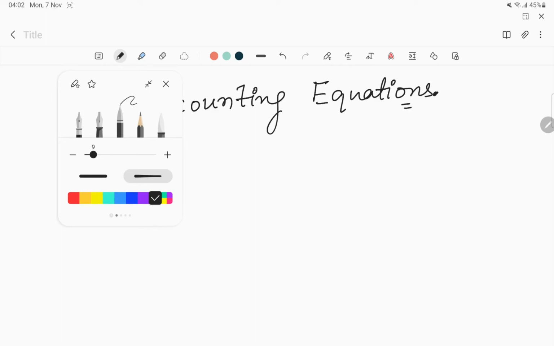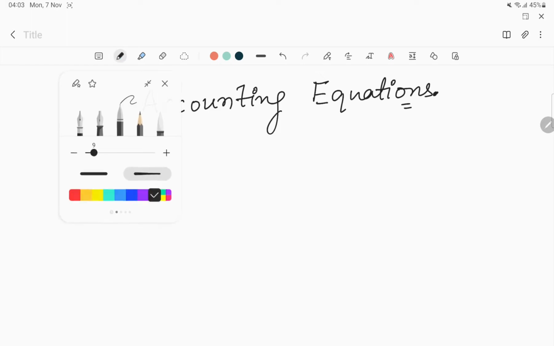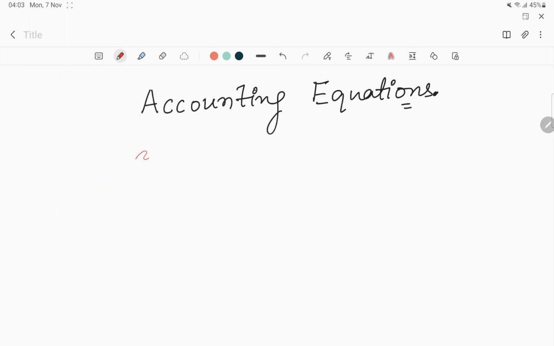So it's better to learn this chapter with the help of an example. So before going to the example, let me give you an equation which we are going to use while solving the problem.